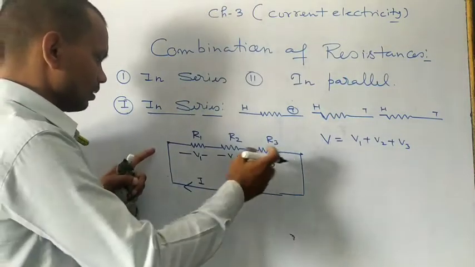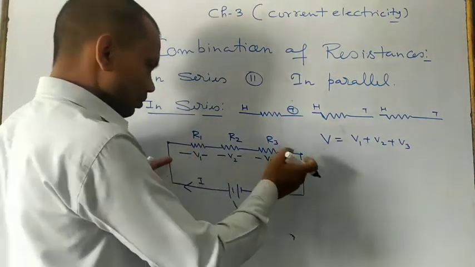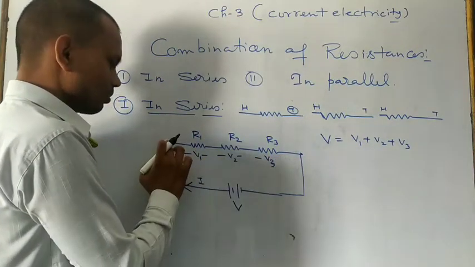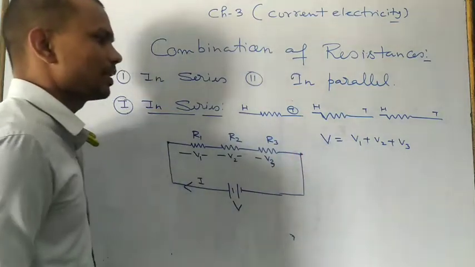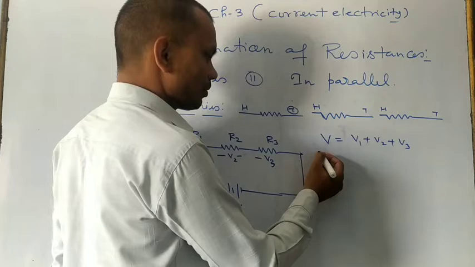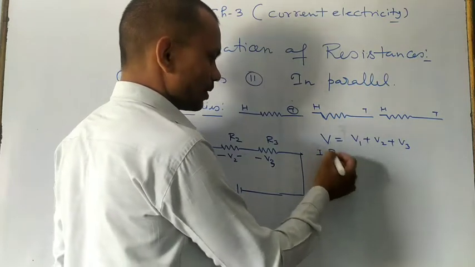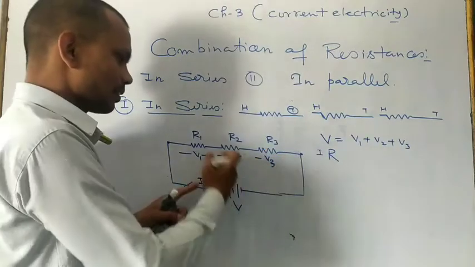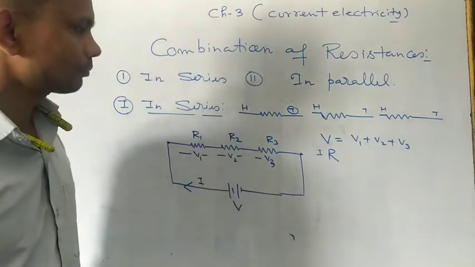So suppose the total resistance across this is capital R, and the current flowing is I, then by Ohm's law V equals I times capital R, where capital R is the total resistance offered by this circuit.